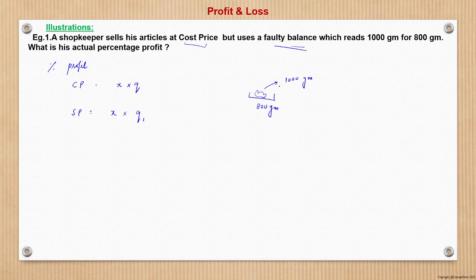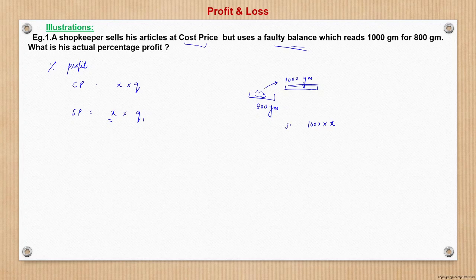I will pay the price for the quantity which is shown to me. So if the machine shows that a given quantity weighs 1000 gram, I will pay the shopkeeper at a rate of 1000 gram into X, the per unit price. So 1000x is the price which I will be paying to the shopkeeper, as a customer.